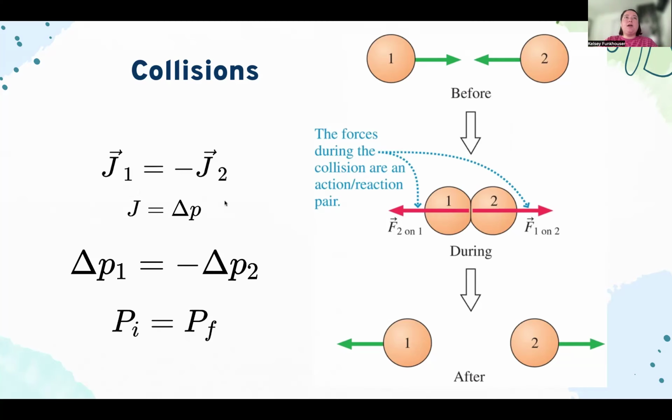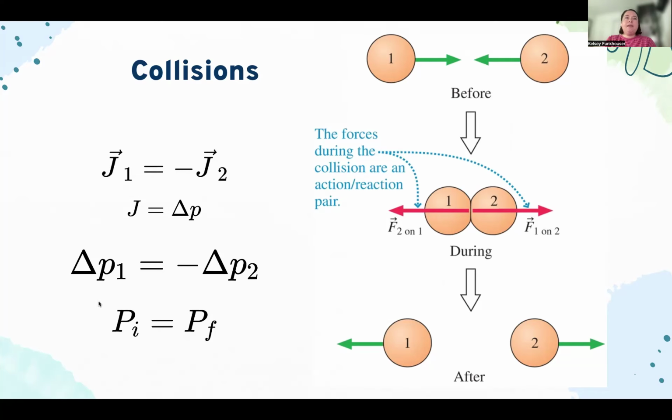So the impulse of object one is equal to negative the impulse of object two. And the impulse is the change in momentum. So what we also find is that the change in momentum of object one is negative the change in momentum of object two.